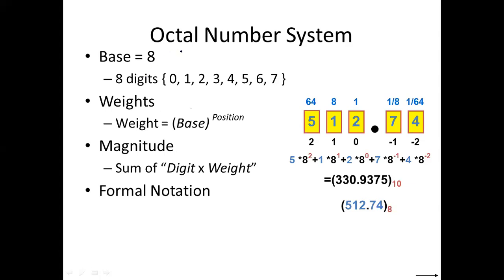Okay, so octal number system, the base is 8, so the total digits are from 0 to 7. These are 8 different digits. With the combination of these digits, we will define any number in the octal number system. The weight is defined by base raised to the power position, just like the decimal number system.